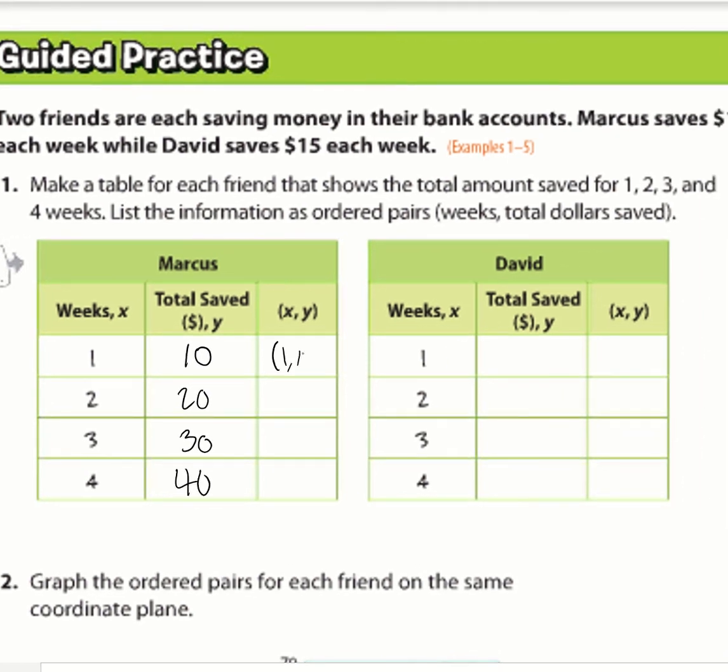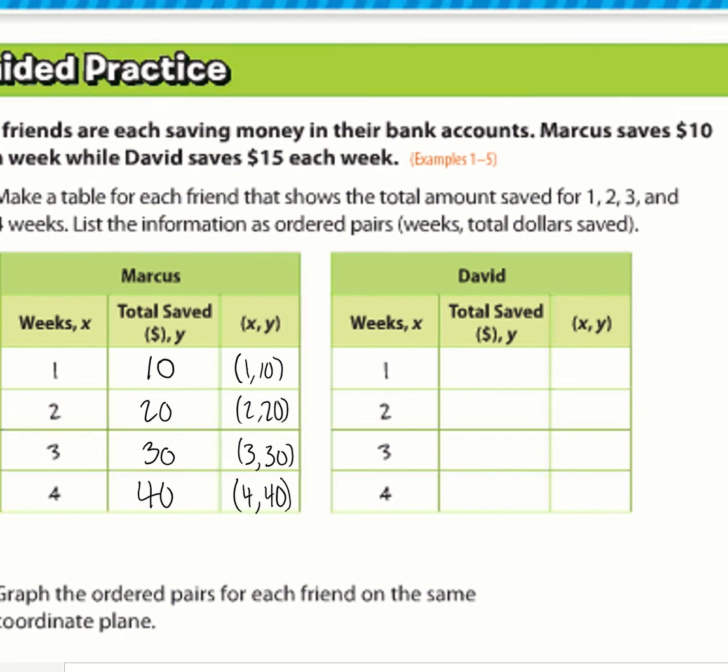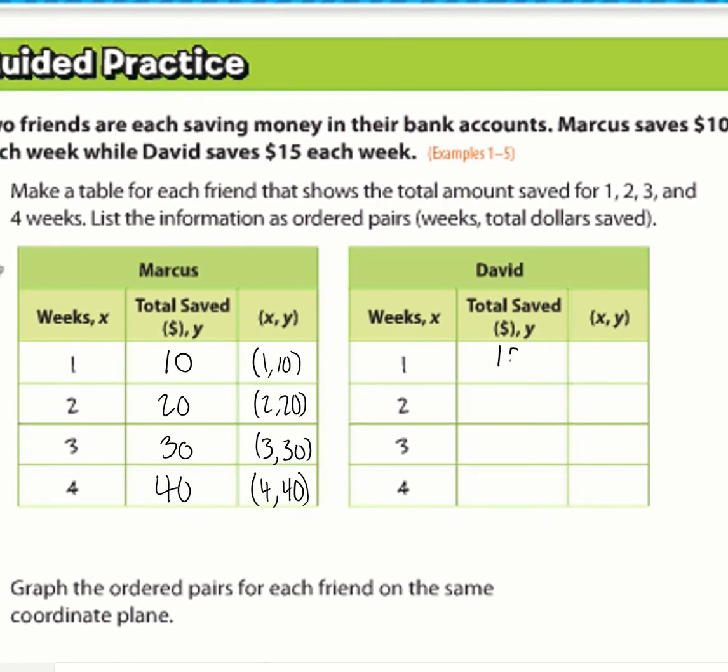And then I have 1, 10, 2, 20, 3, 30, and 4, 40. David saves 15 each week, so it's going to increase by 15 each time. And then my ordered pairs is 1, 15, 2, 30, 3, 45, and 4, 60.